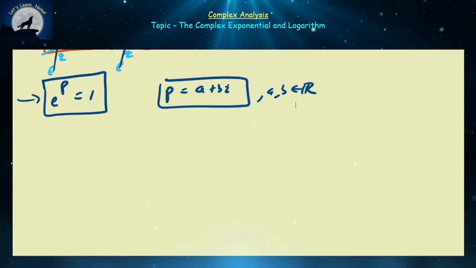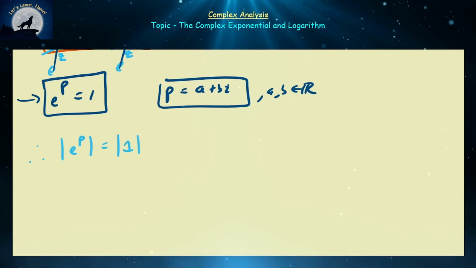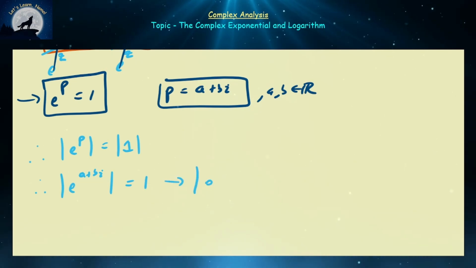So if I take the norm of it, because e to the p is equal to 1, that means the norm of e to the p must be equal to the norm of 1 as well. And the absolute value of 1 is just going to be equal to 1, so that's not very exciting. So we're just going to have e to the a plus bi equal to 1, meaning that the norm of e to the a times e to the bi will also be equal to 1.